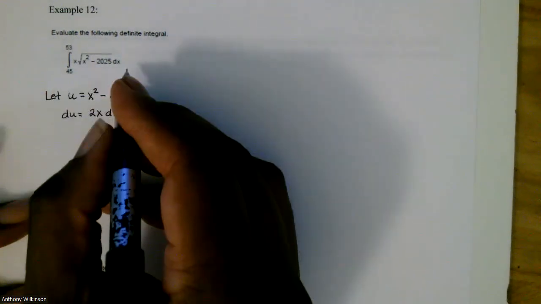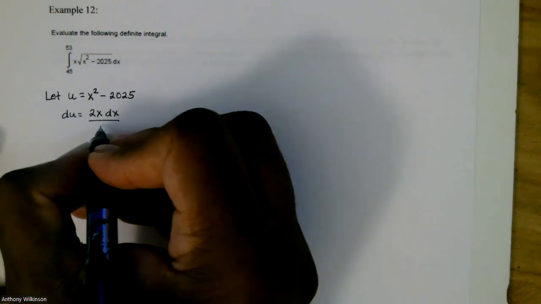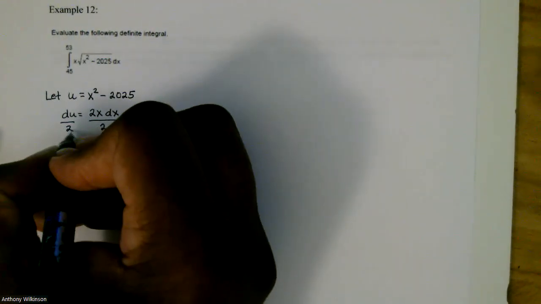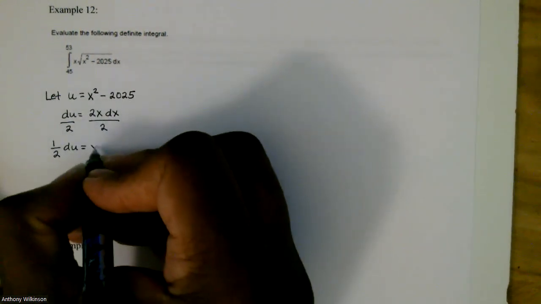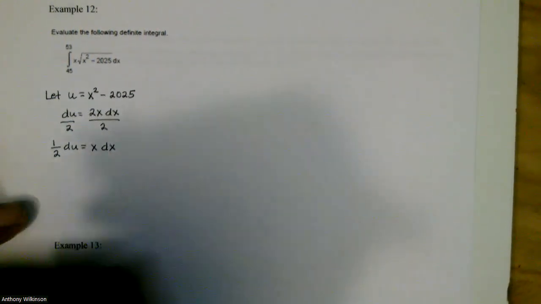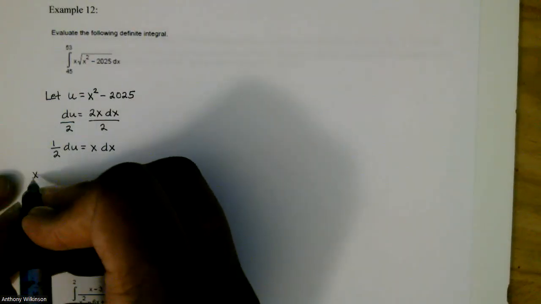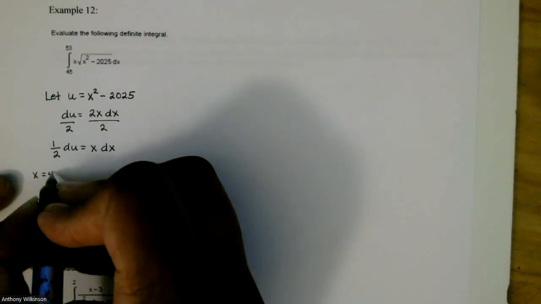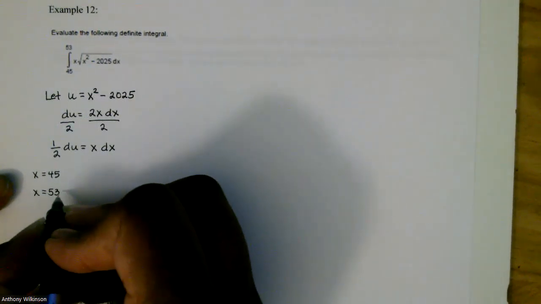I do have the x and the dx, so if I want x dx by itself, I need to divide both sides by 2 to get 1/2 du is equal to x dx. Also, I'm going to go ahead and change my limits of integration as well. These are for the x's. So that means here, x is equal to 45 and x is equal to 53.